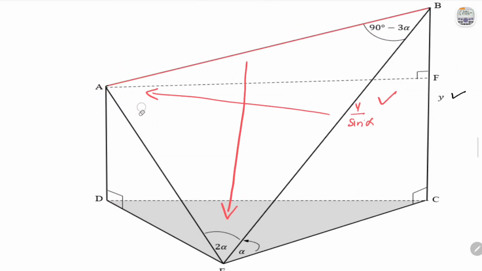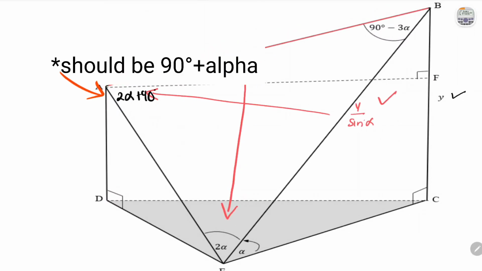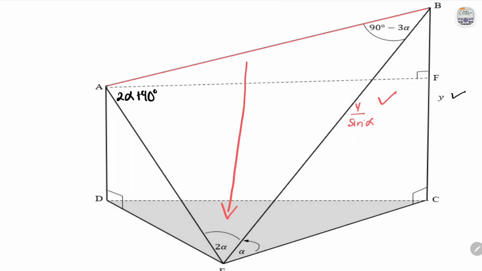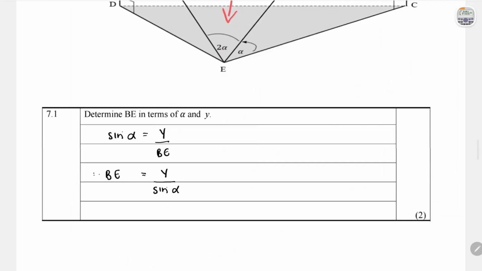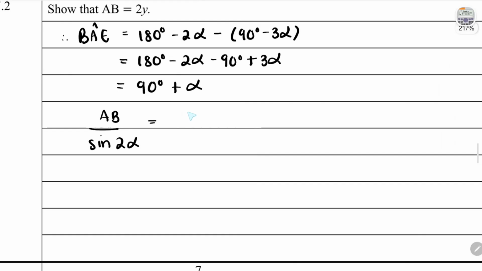That is the side BE, which is y over sine alpha, divided by sine of the angle opposite it, 90 degrees plus alpha.